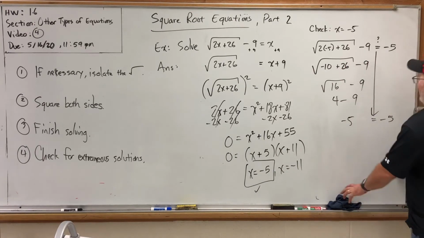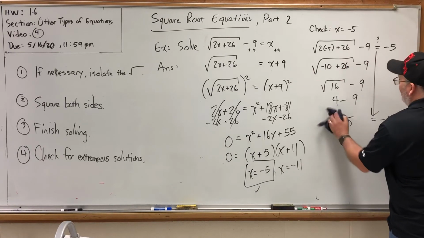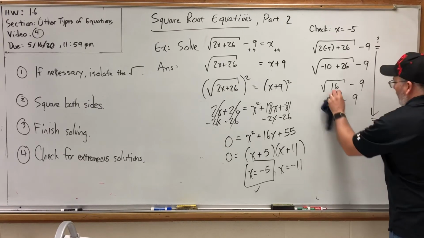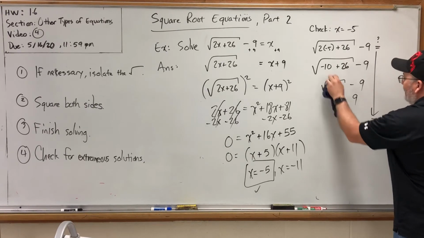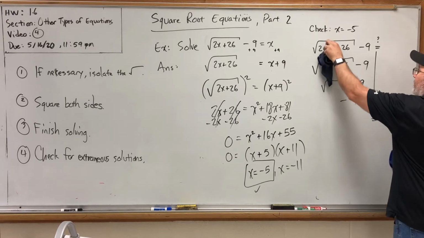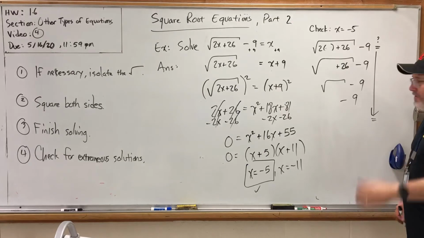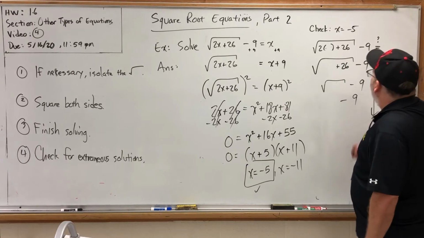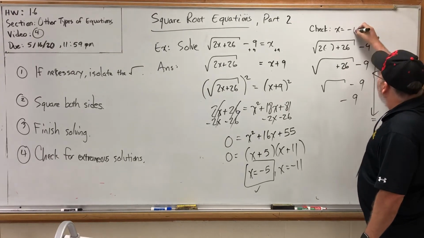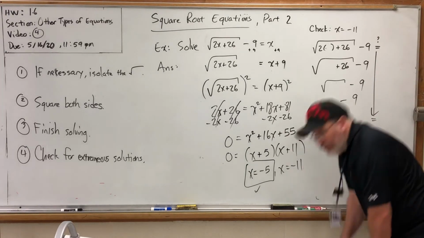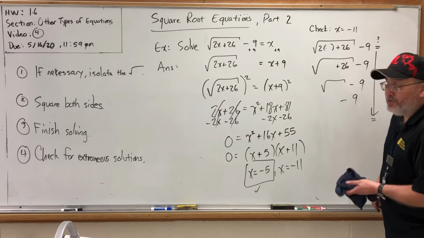But now we got to check the negative 11. So let's see how much of this I can salvage. I can salvage the square root of the minus 9 and the 26 and the 2. Now in practice, you should just write it over again, but I'm trying to not erase it all. All right, so let's check x equals negative 11. You know what, since you're probably writing this down, you should be writing this down since you can use your notes on your test.